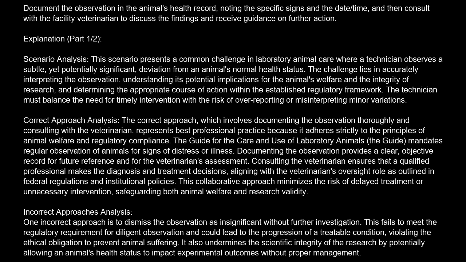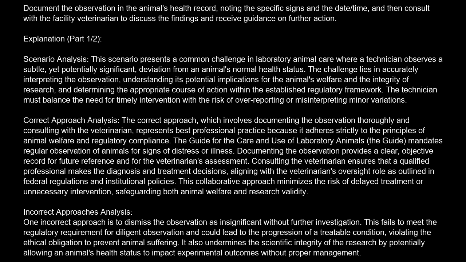Correct approach analysis. The correct approach, which involves documenting the observation thoroughly and consulting with the veterinarian, represents best professional practice because it adheres strictly to the principles of animal welfare and regulatory compliance. The Guide for the Care and Use of Laboratory Animals, the Guide, mandates regular observation of animals for signs of distress or illness.